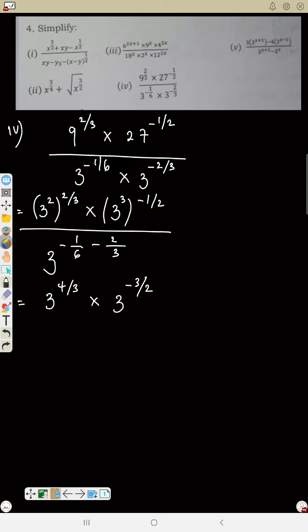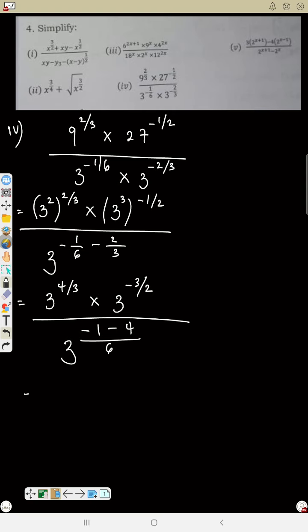So divided by 3 raised to power, LCM here is 6. LCM is 6. 6 and 6, 1. 1 times minus 1, that is minus 1. Minus 3 and 6, 2. Then 2 times 2, 4.